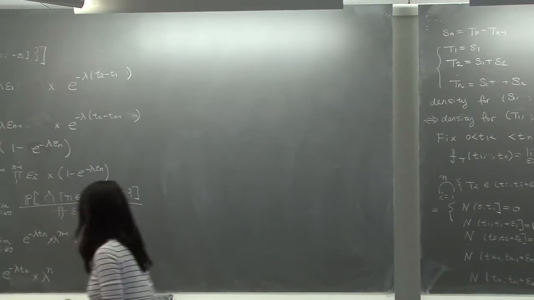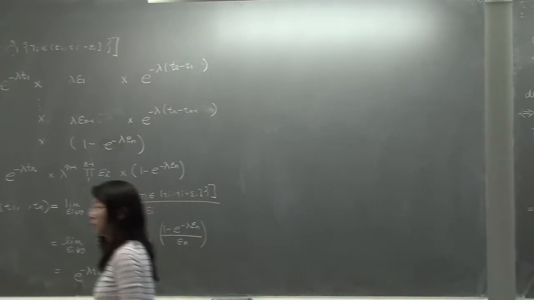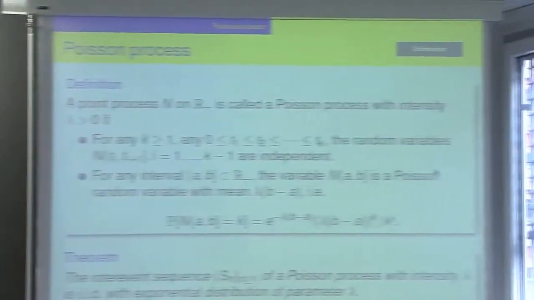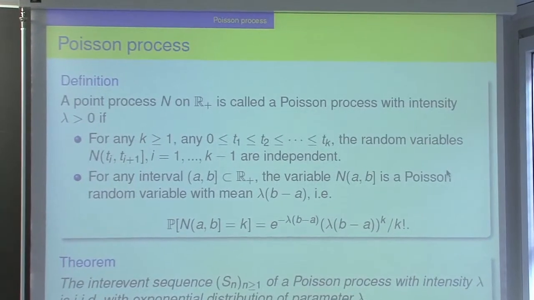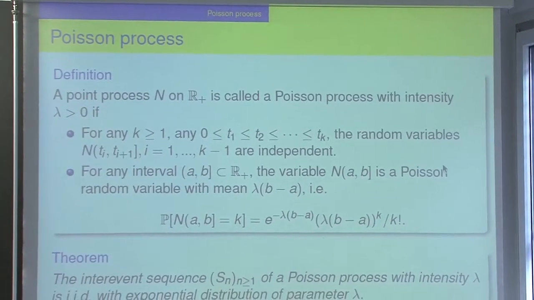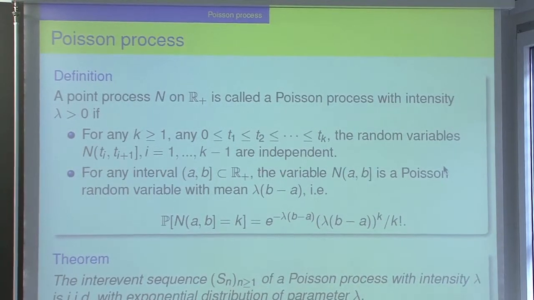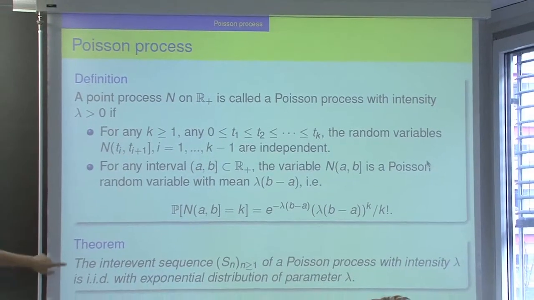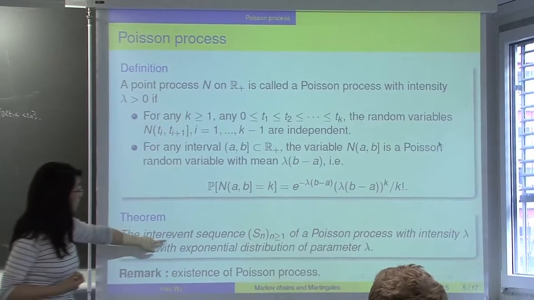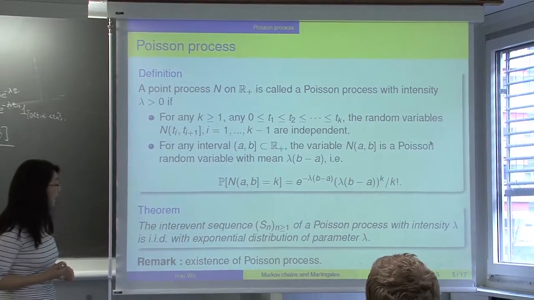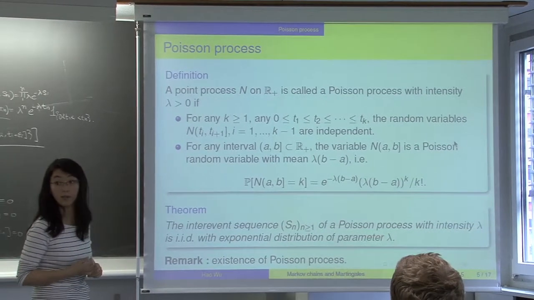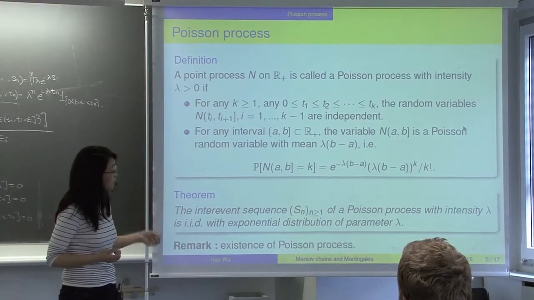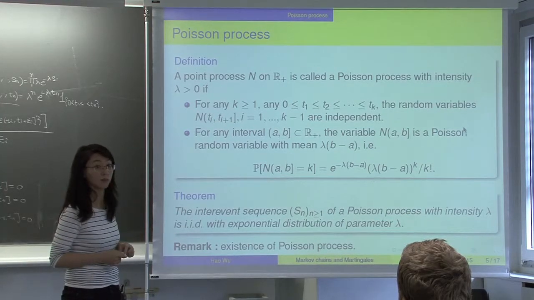And here, just one remark. Before I proved this theorem, I gave you the definition of Poisson process, but I haven't said anything about why such a process exists at all. Suppose that we have such a process satisfying this law, and we proved that the inter-event sequence Sn has to be IID with exponential distribution with parameter lambda. So this first property also tells us how to construct a Poisson process satisfying this definition.